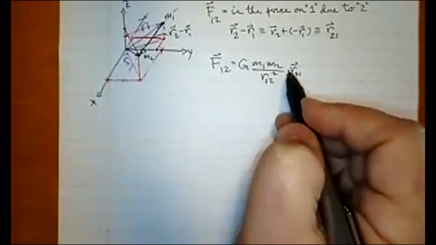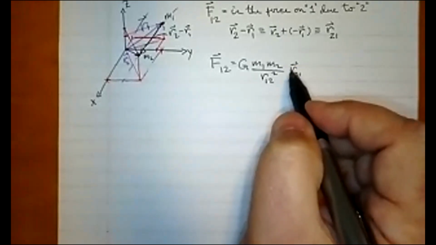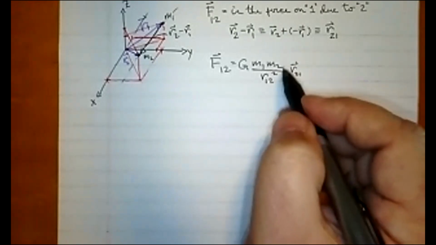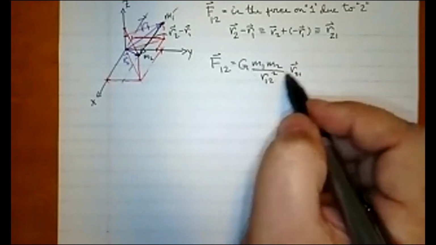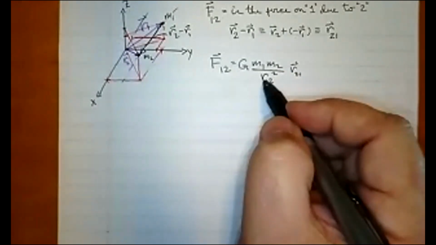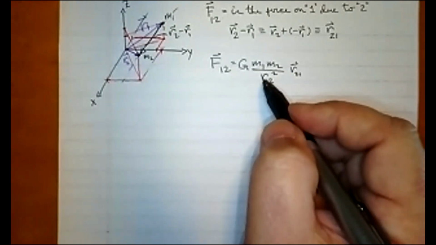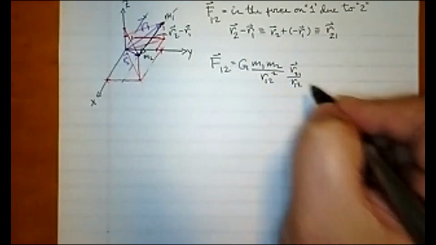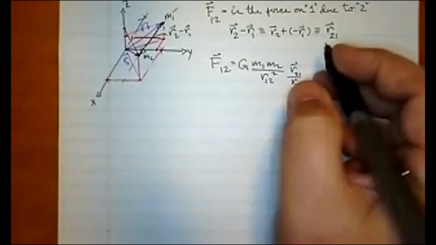But look what happens now. If I remember what I showed you about a vector, when you make a vector by subtracting, you've got the units of the vector, right? So by multiplying this magnitude by that vector, I've canceled out one of these magnitudes, so it's not the right size. So really I should do R12 down here as well, then that'll make that a unit vector.